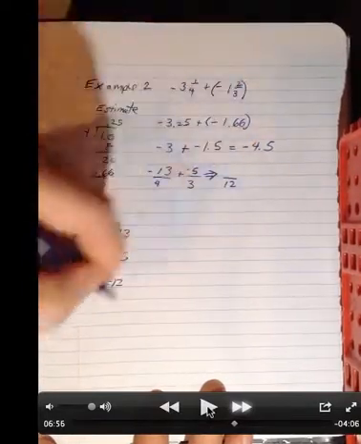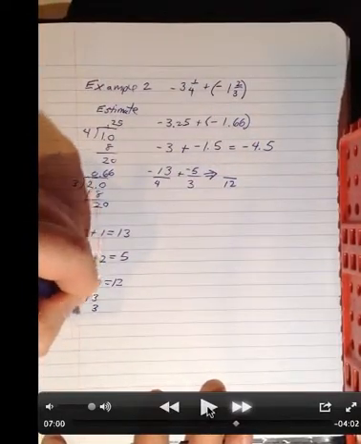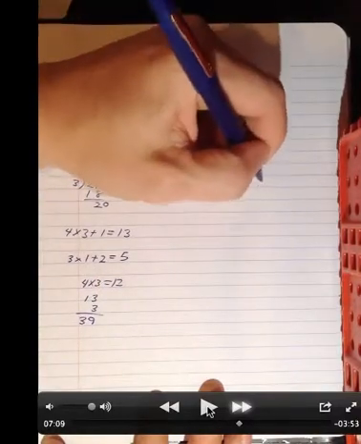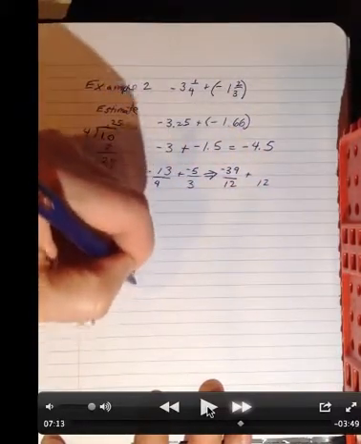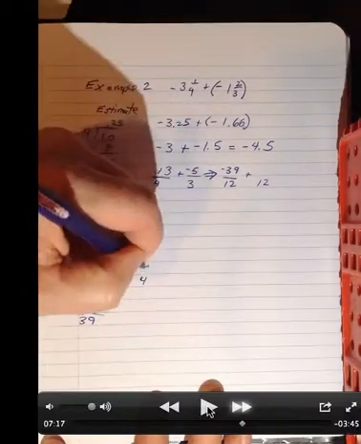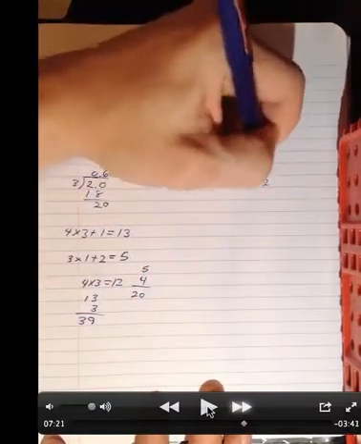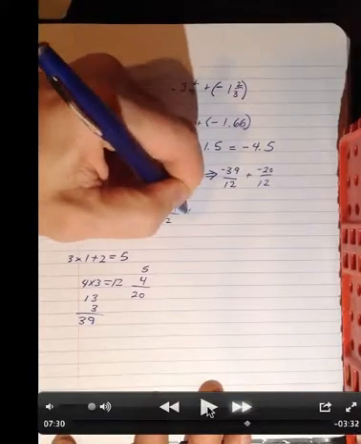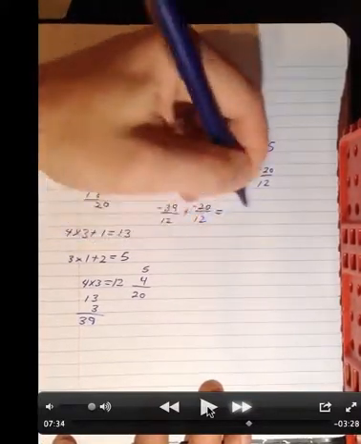3 times 4 is 12, so I'm going to do 3 times 13. I get 39. Still negative. 3 times 4 is 12, so I do 4 times negative 5. I get negative 20. So now I'm going to combine negative 39 twelfths with negative 20 twelfths.